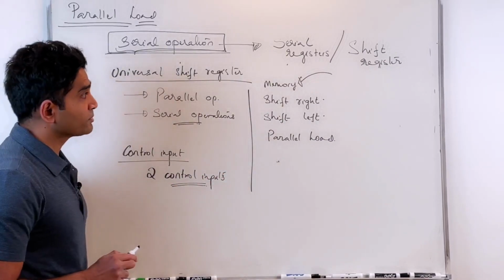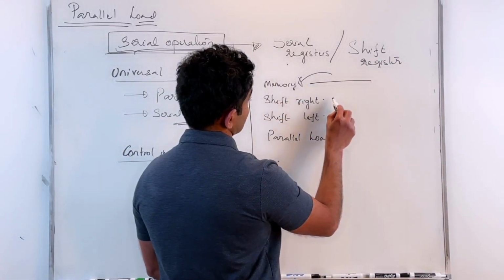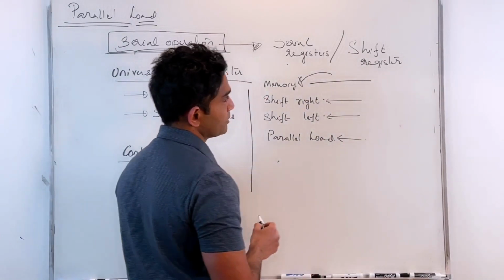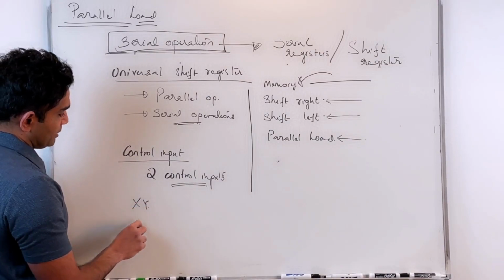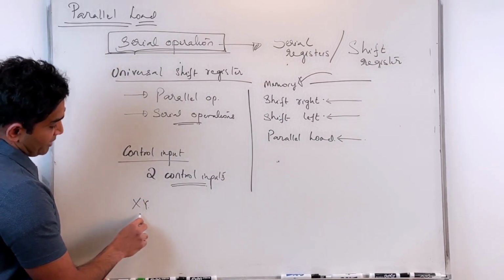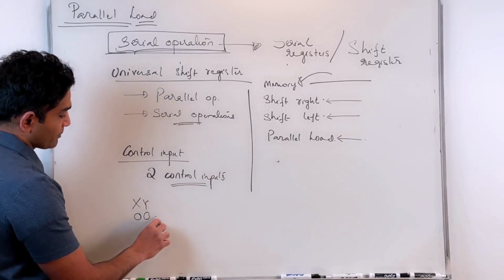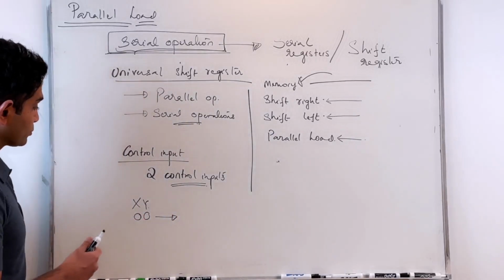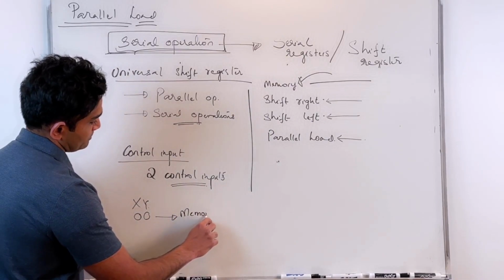I need two control inputs because I have four different operations, right? Either I have to configure it as memory, shift right, shift left, or parallel load. So let's say the control input is xy. When I put a value of 0, 0 on my xy, I would design my hardware so that corresponds to the memory operation.